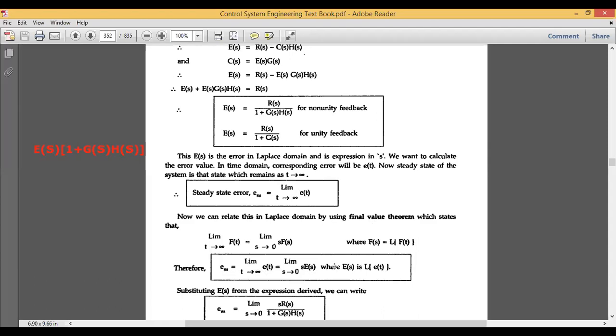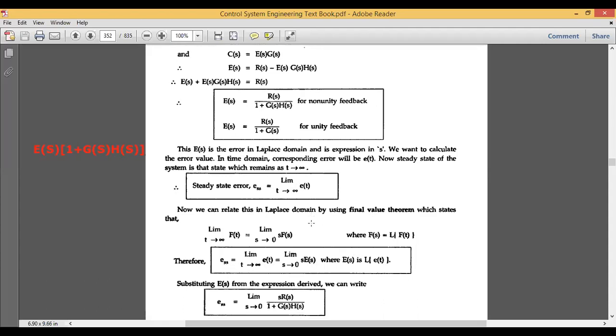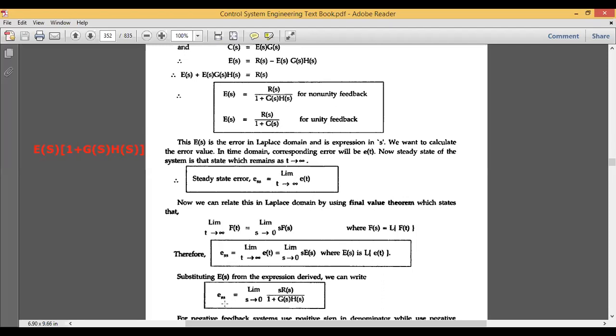Now if I substitute the E(s) value here in the derivation, the limit s tends to 0 remains as it is, the s remains as it is, but instead of E(s), you substitute this value, that is R(s) divided by 1 plus G(s) multiplied by H(s).